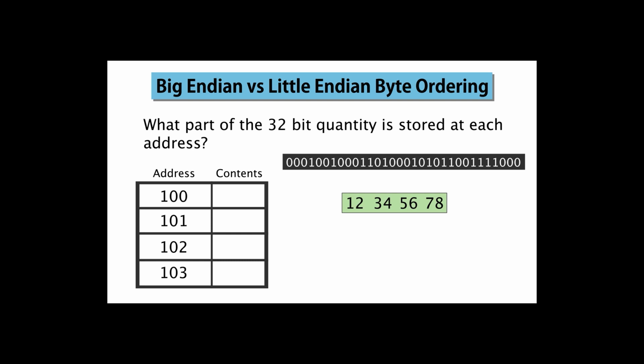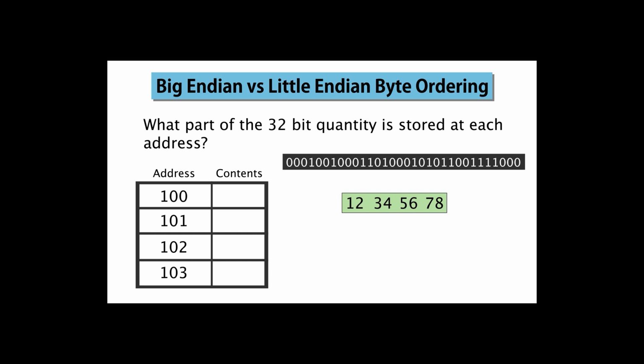We say that the digits on the left end are more significant than those on the right because they carry more weight. That is, in our standard positional notation, they represent multiples of higher powers of 16. Thus, the most significant byte in this case is 1, 2. The least significant byte is 7, 8.